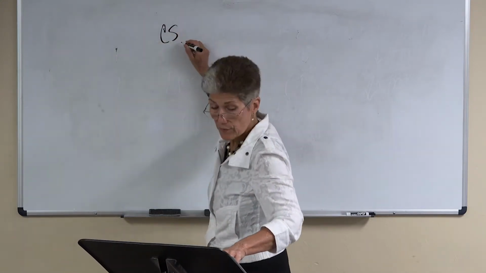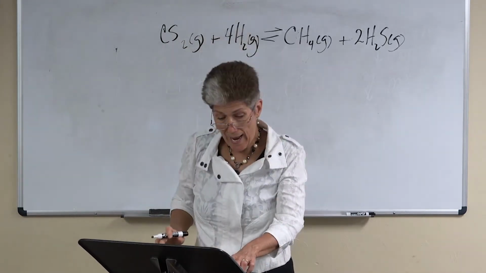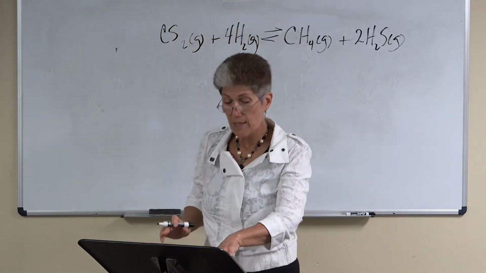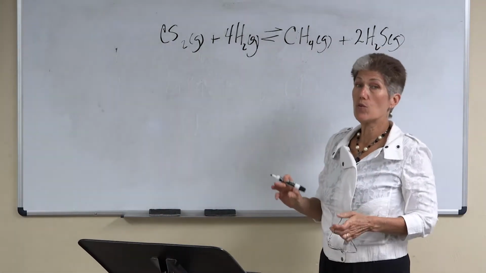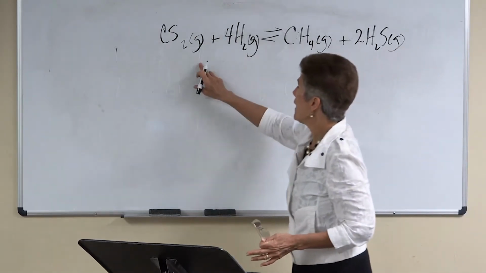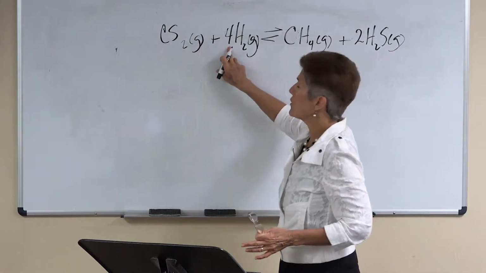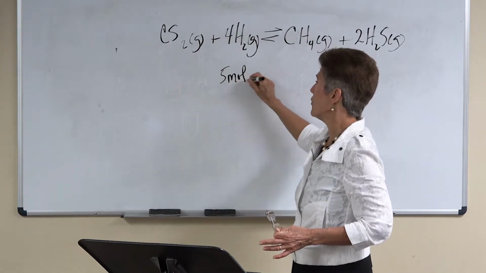And here we're looking at what happens if we increase or decrease the pressure. So here we have all gases. In A, it says what happens if the pressure is increased. So if we increase pressure, we know that it's going to move away from where the most gases are. Here, you have 1 plus 4 is 5 moles of gas. So we have 5 moles of gas here.